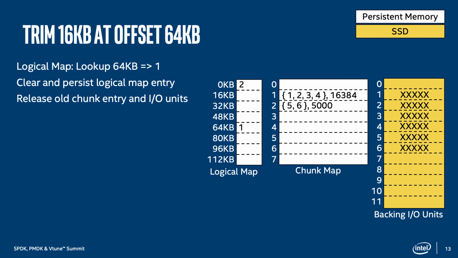One thing that I missed in here is that it's also going to go ahead and trim those backing IO units as well. So what if you want to trim the backing unit 0 that now is released? Oh, you mean for secure erase or something like that? I mean the chunk 0 you just released.